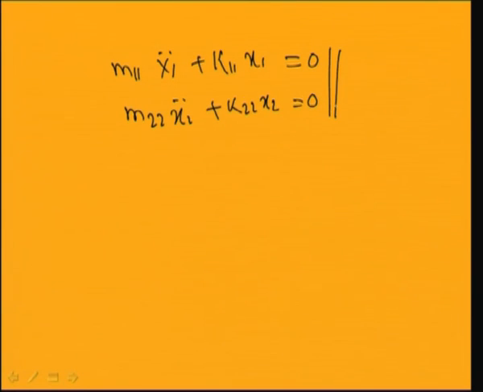So you can see that they are reduced to a set of two equations, which are the equations you have already studied for a single degree of freedom system.